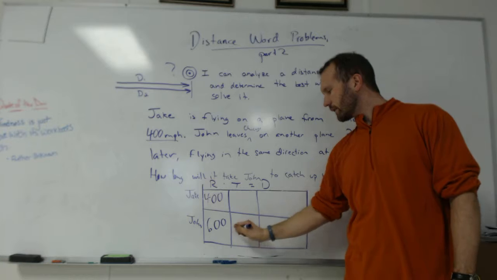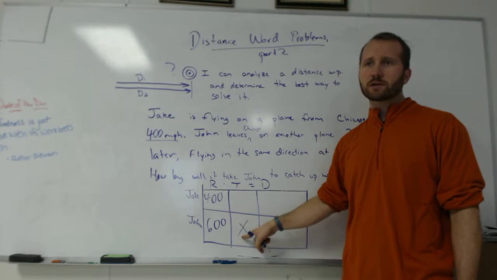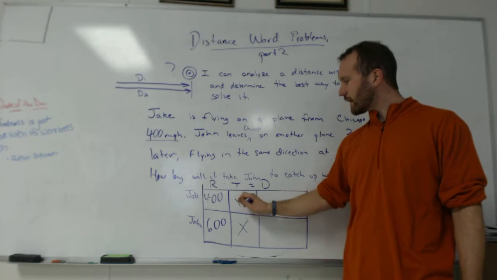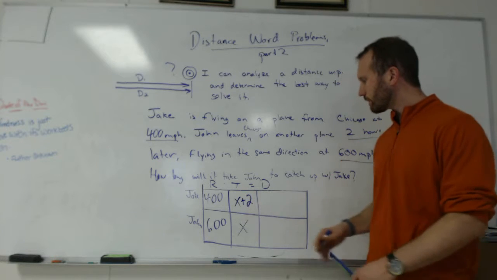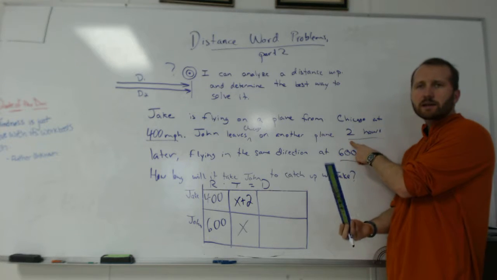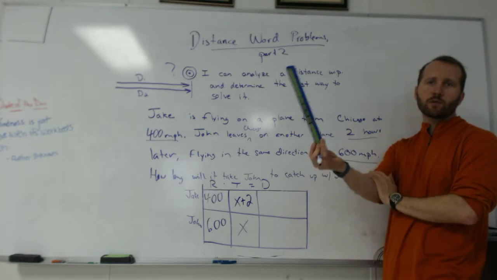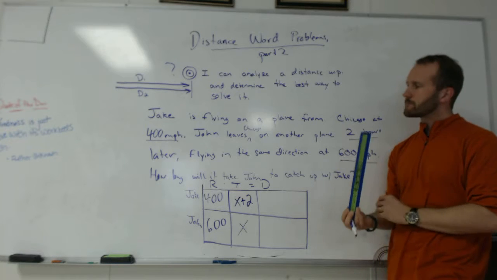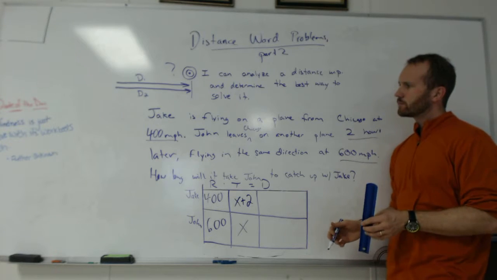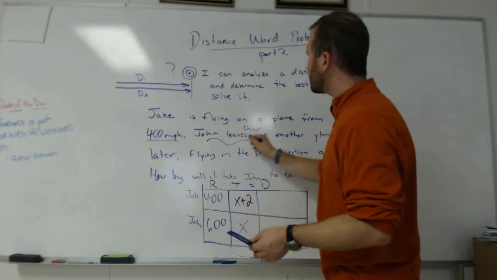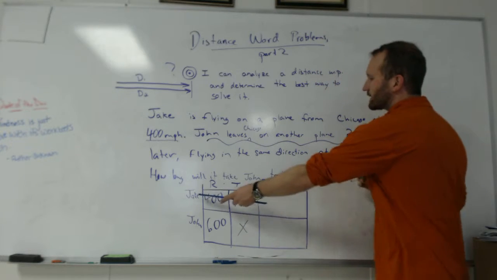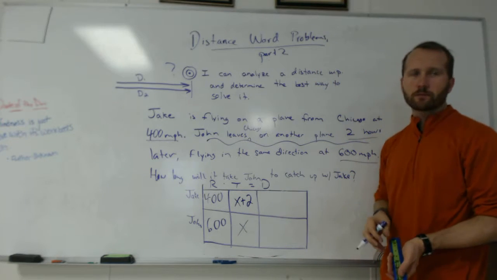So John is going for x hours. Jake is going for that time plus those 2 hours that he already spent in the air when John left. So if John leaves 2 hours later, Jake's time is x plus 2.